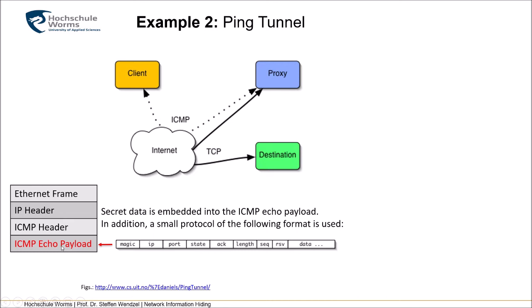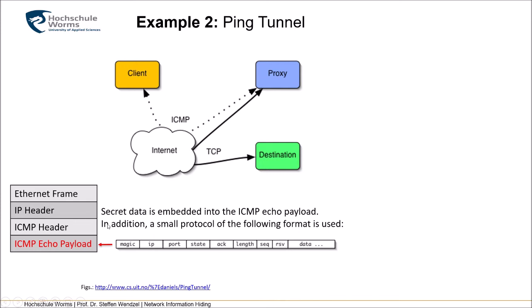And in the payload, you pack the hidden data, which you can see here, plus some meta information, like information required for the proxy to see how long the data packet that is hidden here is. Is it an acknowledgement? What's the state? Who's actually communicating? Which IP and port? And so this is a simple version of a covert channel internal control protocol.